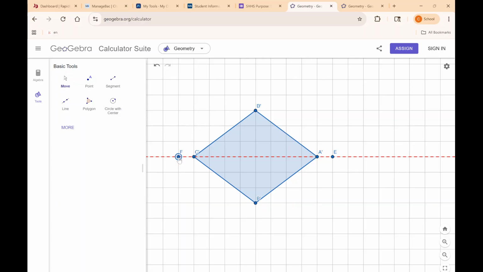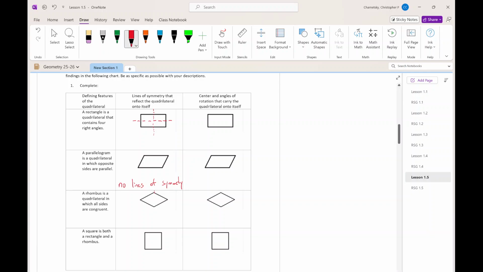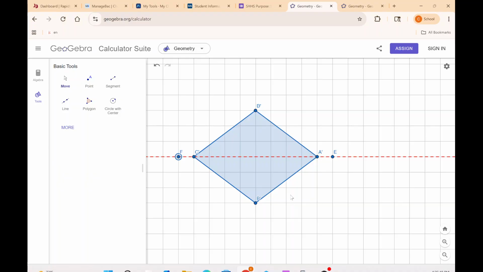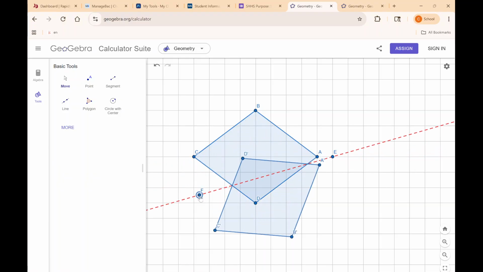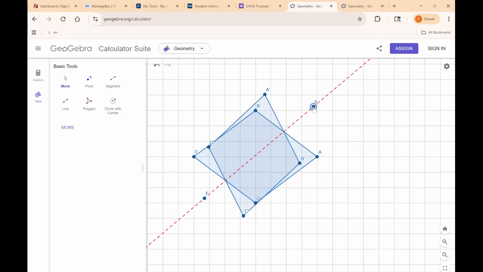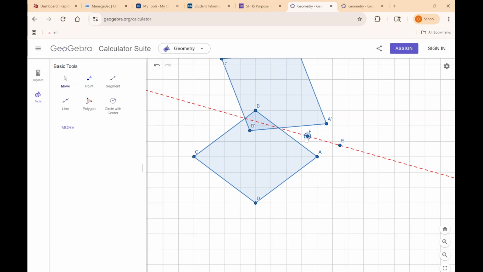Okay, so 2 lines of symmetry: across vertical and across horizontal. And that is going to be it. So we can't go across like that. That doesn't work. So nope, those are the only 2 that will work for the rhombus.